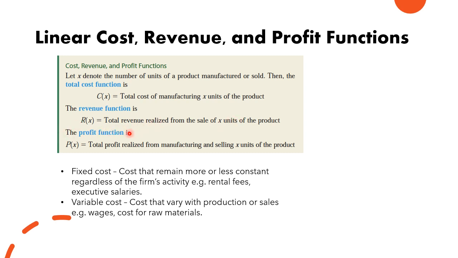And the profit function is symbolized by capital P, which is the total profit realized from manufacturing and selling X units of the product. Now, we have another p, small p. Small p is price, and big P is profit.